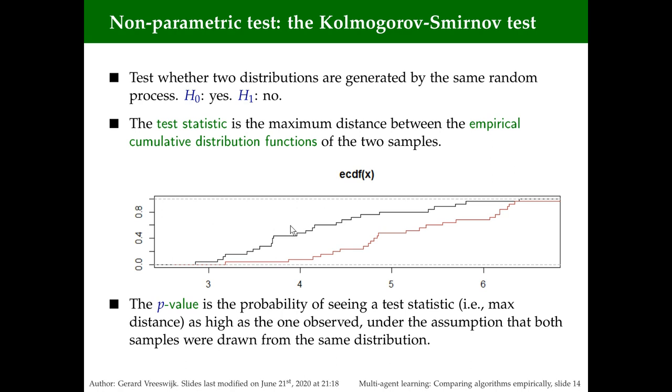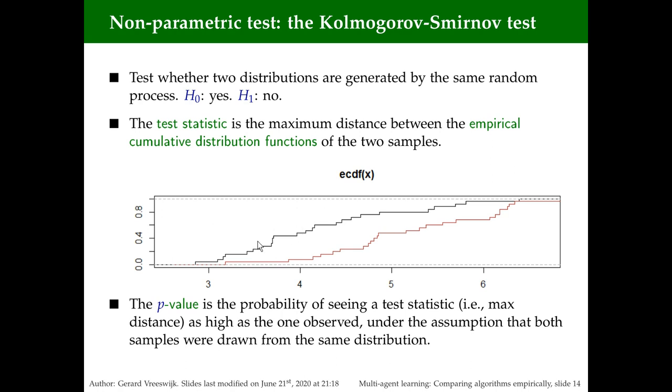Now the p-value is the probability of seeing this largest difference while assuming that both cumulative distribution functions, both empirical cumulative distribution functions, are generated by the same process, are generated by the same theoretical distribution.